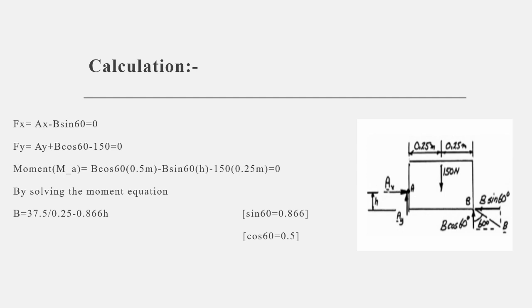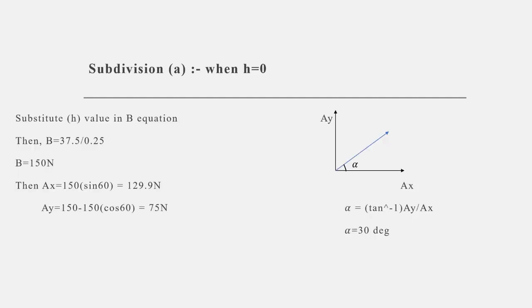By solving this moment equation, we get B = 37.5 divided by (0.25 − 0.866 h). What is 0.866? It is sin 60 = 0.866, and cos 60 is 0.5. Now we'll take the first subdivision.